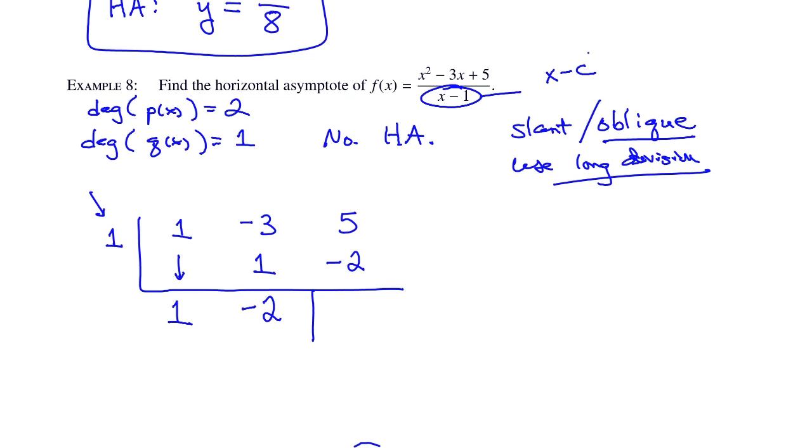Draw the remainder bar, and we get 3. The slant asymptote is the quotient. So reform the quotient here. It's 1x minus 2.